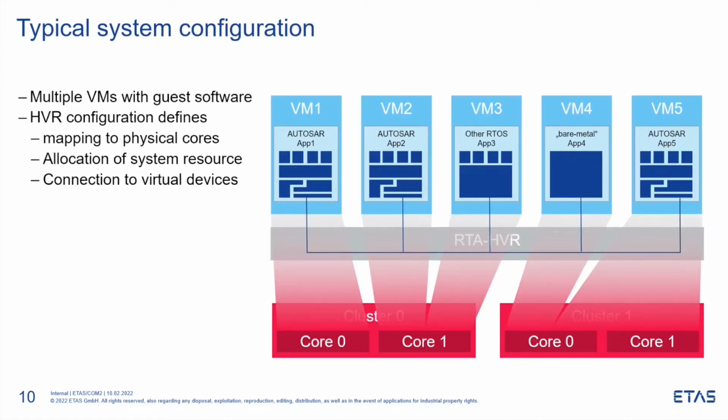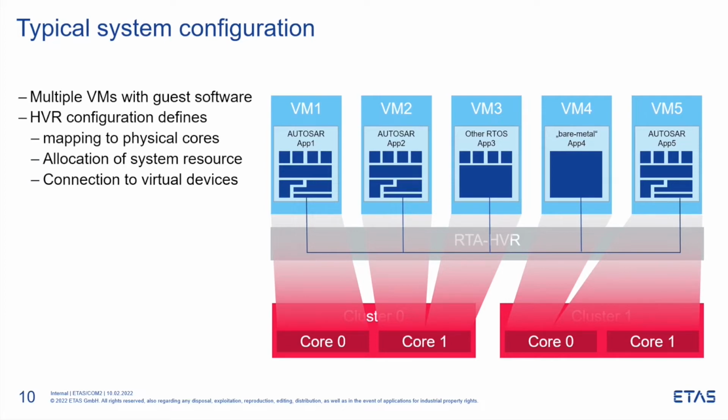A typical system configuration is where we've got a number of virtual machines containing the guest software. We can see here we've got a mixture of AUTOSAR, other operating systems, and bare metal applications. And the number of virtual machines may not match the number of cores in the system. So the hypervisor will allow a system designer to create an architecture where we can just map from the virtual machines to the cores, including allocating system resources to the virtual machines as well, so RAM, flash, peripherals, and so on.